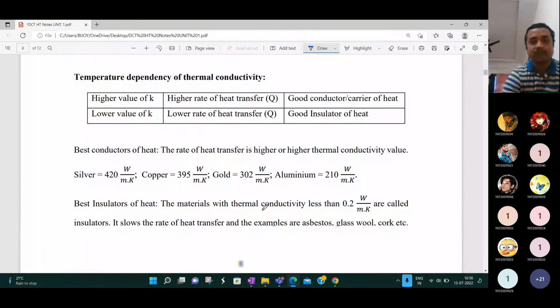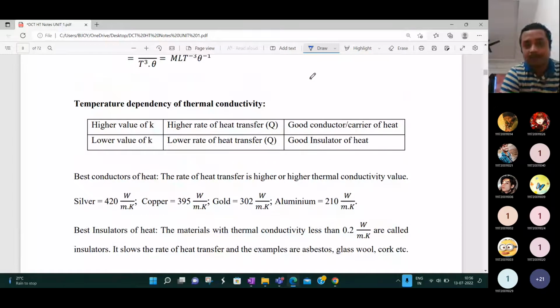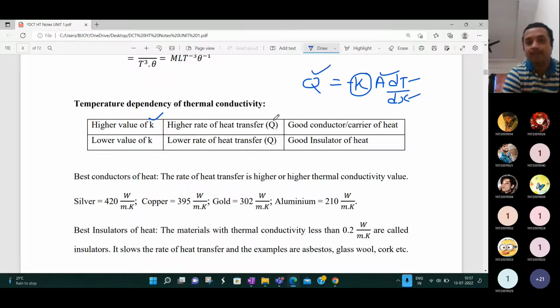If Q is equal to KA dT by dx, we know that the area, delta T and delta X will be the same. So if the K value of a material is higher, then the Q value will also be higher.